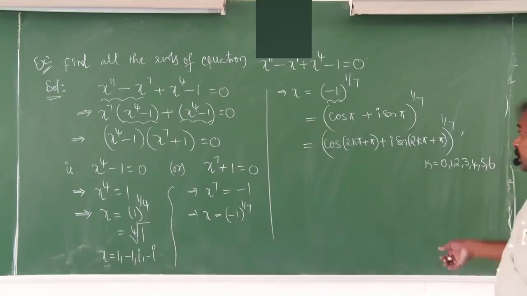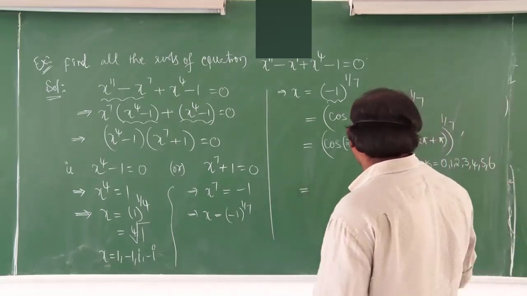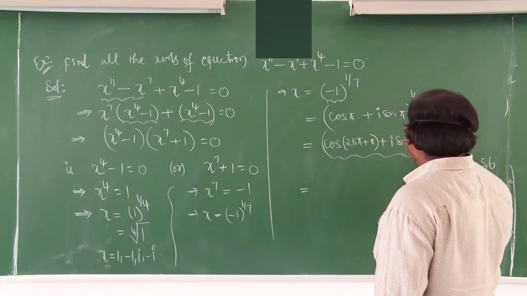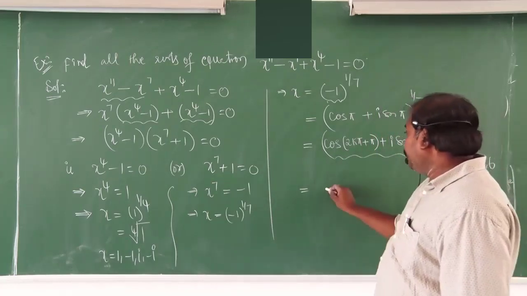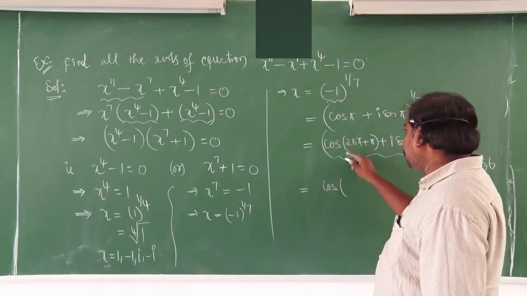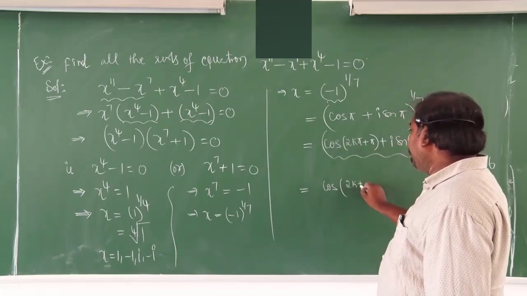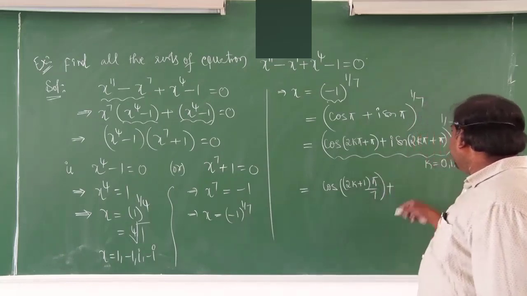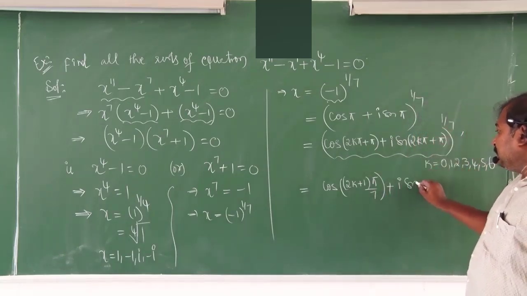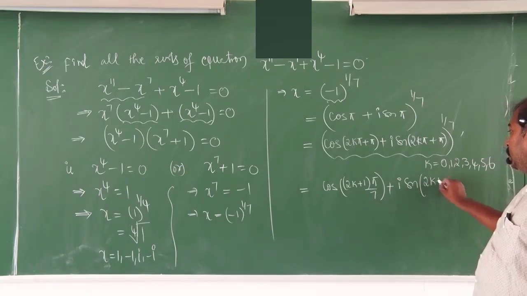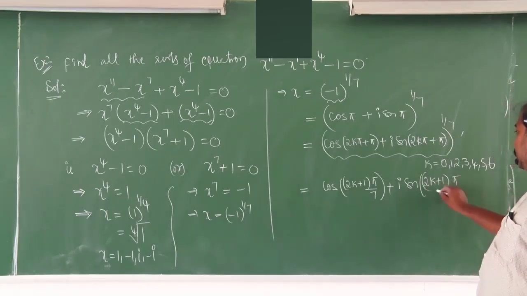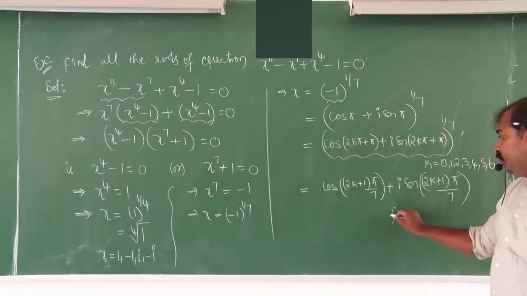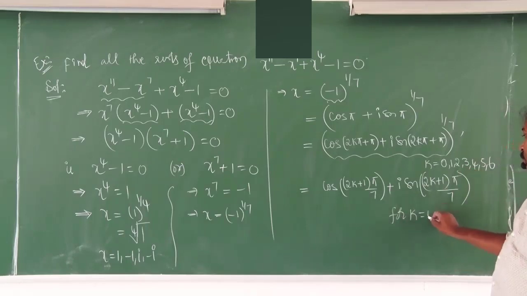Then simplify this according to De Moivre's theorem: cos of (2k plus 1) pi by 7 plus i into sin of (2k plus 1) into pi by 7, for k equal to 0, 1, 2, 3, 4, 5, 6.